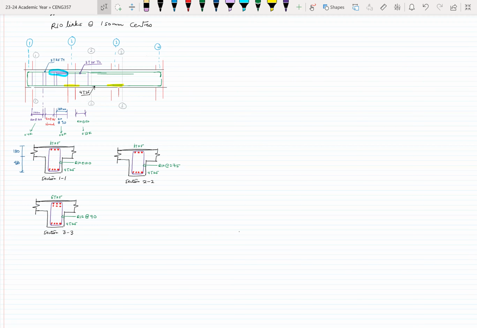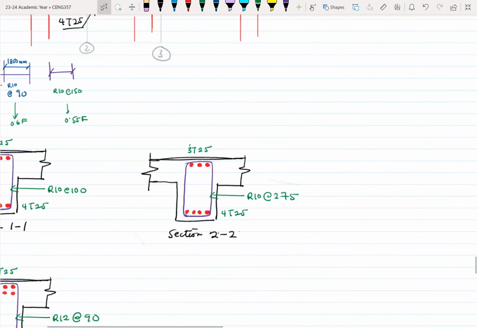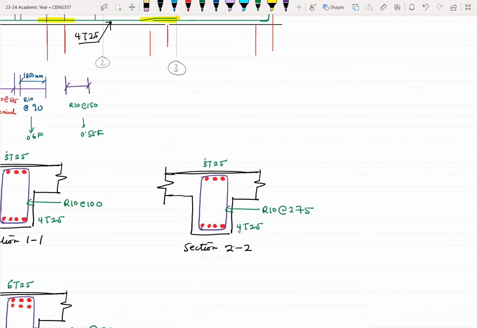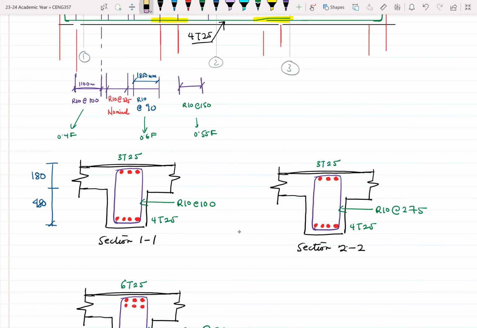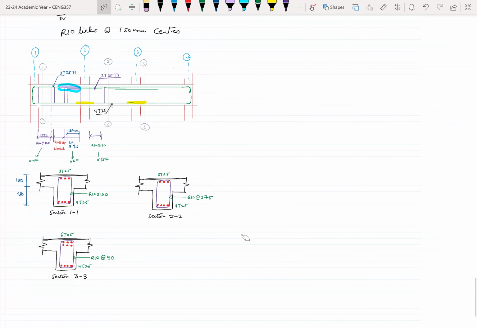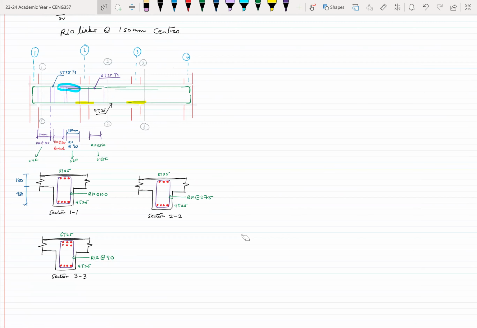This is what we go through to get these done. So section 1 and 3.3 are near supports. Section 2.2 is some distance away from the support. So that could be a mid span. I think this should fairly explain our concept to us.